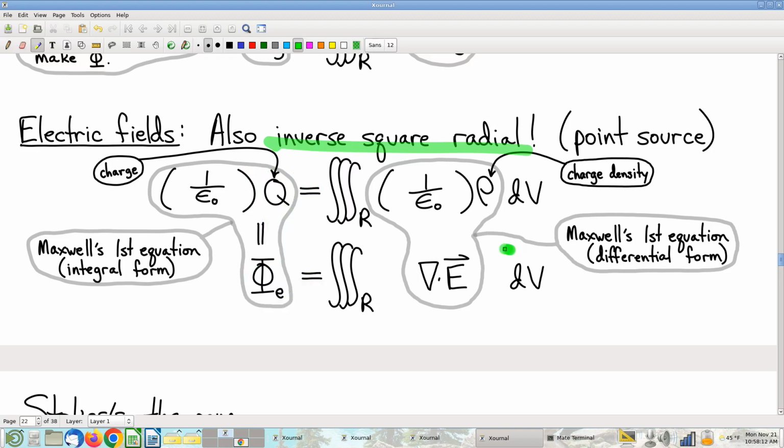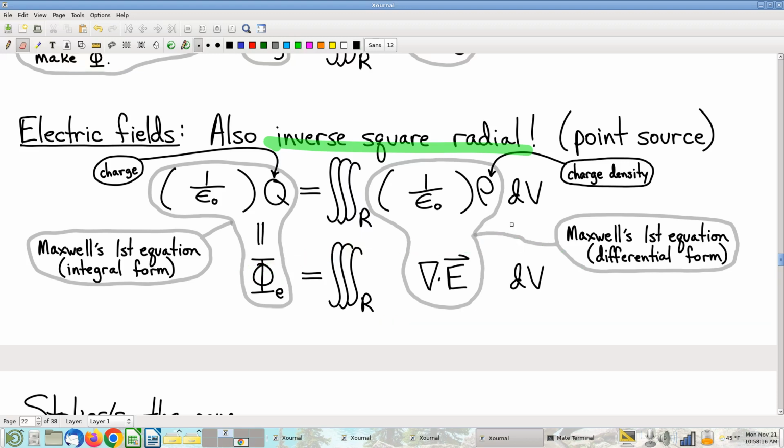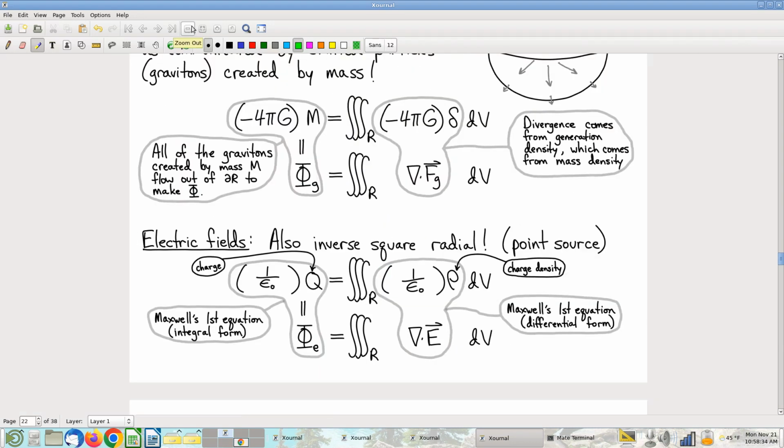And then, of course, here's the divergence theorem, just writing down the divergence theorem. And again, therefore, equating these integrands, because this applies over all solids, we get an interpretation in this electric field context. Divergence comes from charge density. So this is morally identical. I'll say structurally identical.